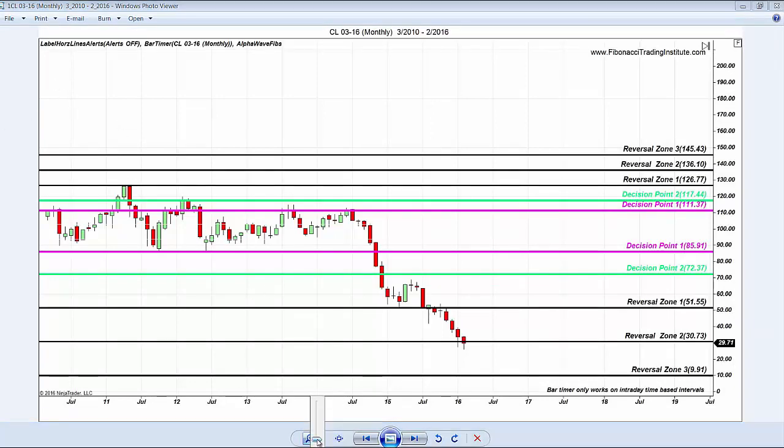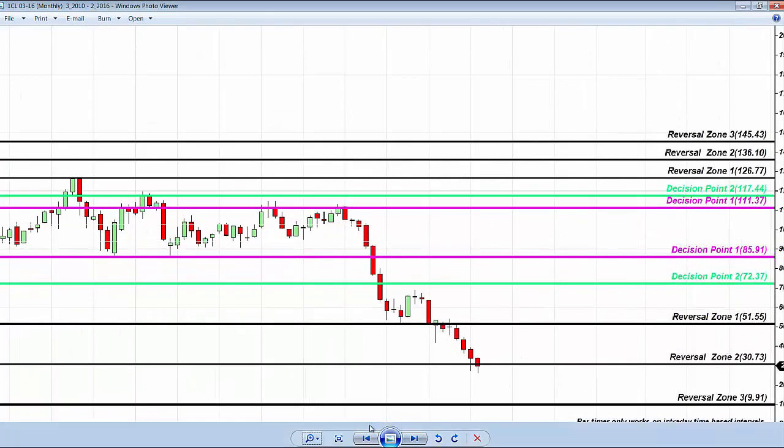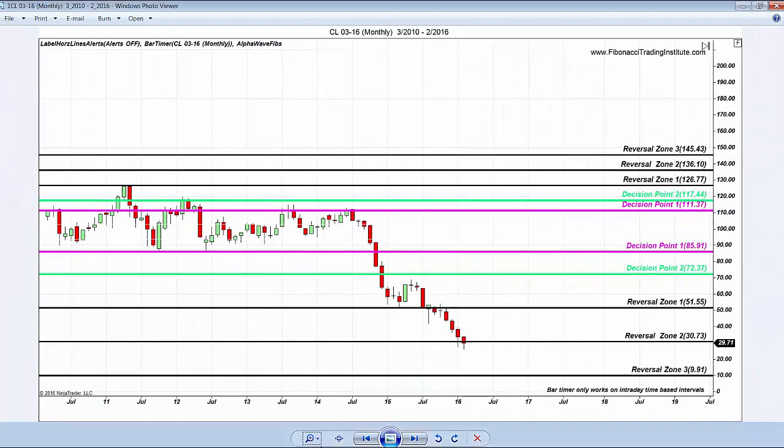Do you remember in 2011 oil at reversal zone? When oil was at 126? Oil went into free fall. Do you remember crucial Fibonacci support on oil at 86? Do you remember this dance on oil throughout the years from 2011 to 2015?